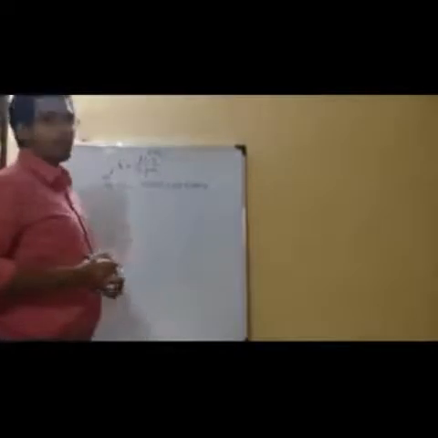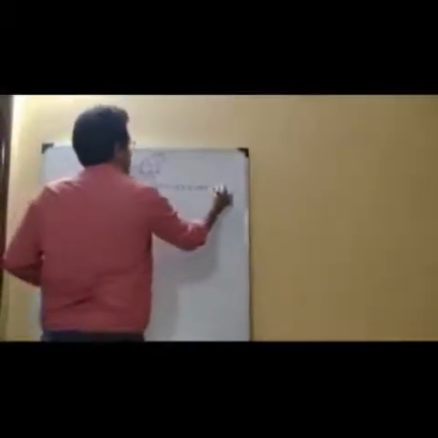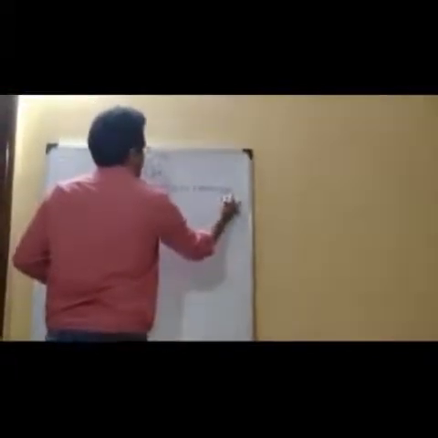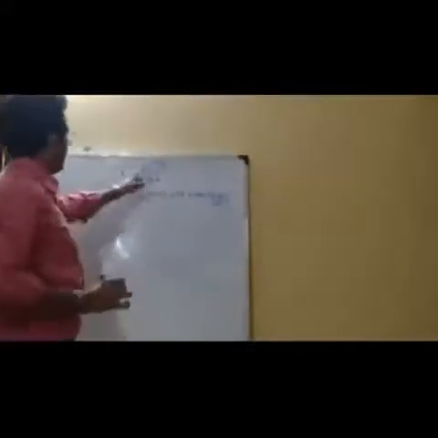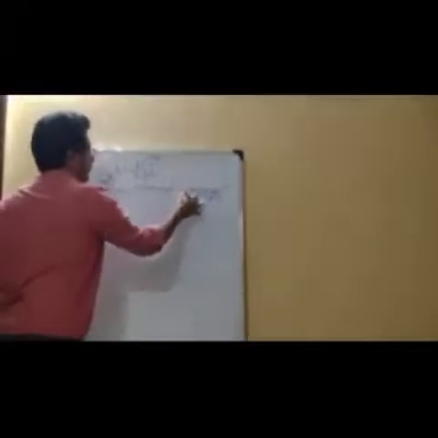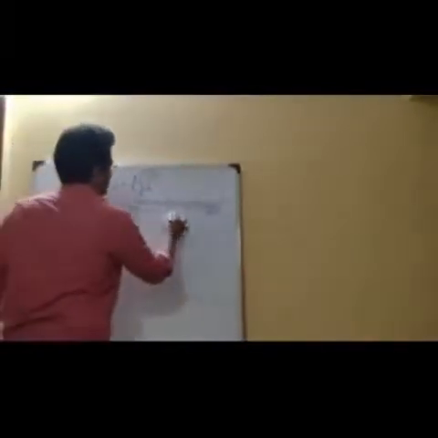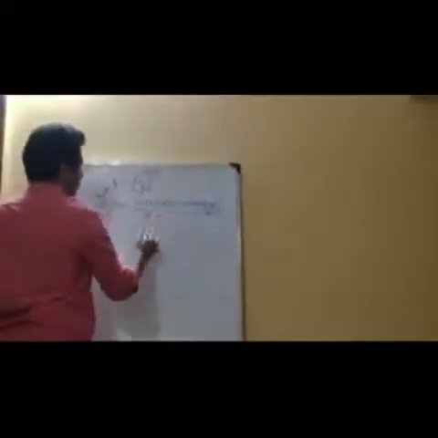And what is the velocity? Velocity we have already got, that is 0.66 by d square. That squared. This is F, this is L, this is V square, FL V square by 2 G D. What is G?